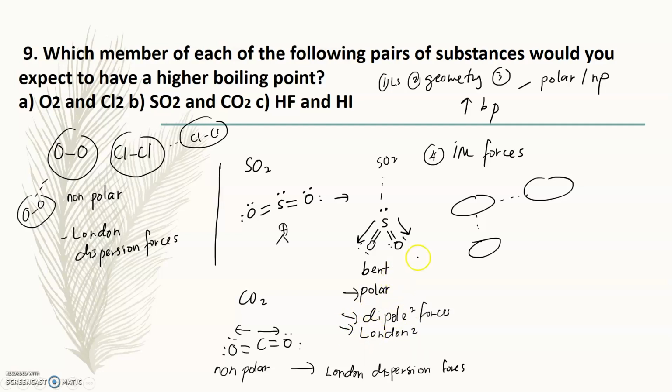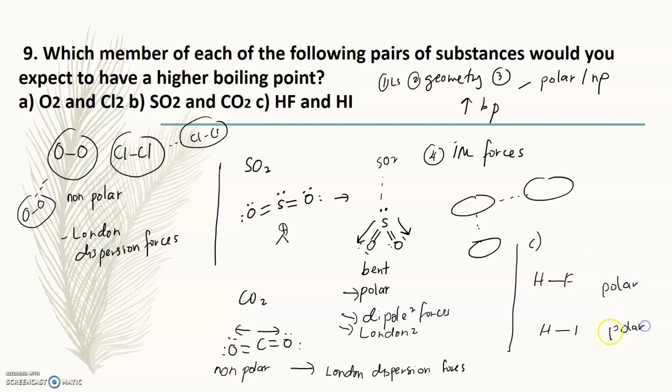Okay, next comparison for C, between HF and HI. How do we know the intermolecular forces? You must know whether the molecule is polar or non-polar. This is a simple molecule that has a polar bond. Both are polar.